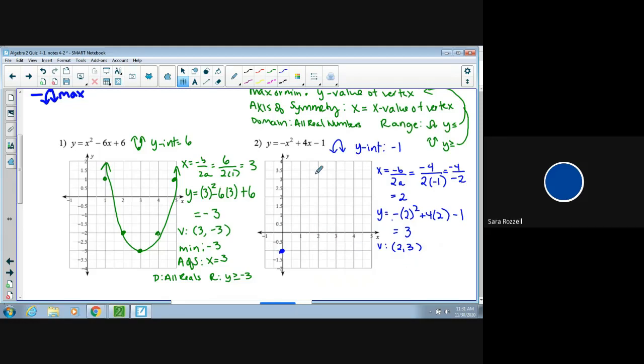I'm going to go ahead and put it on the graph. That's at 2, 3. I'm going to sketch it while we're at it. It's upside down, right? We can fill the rest in.